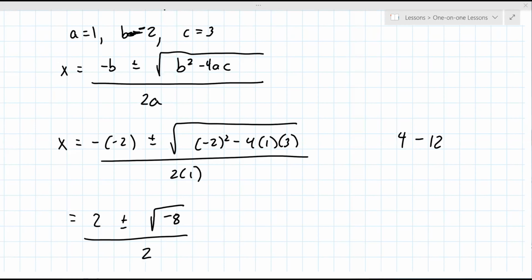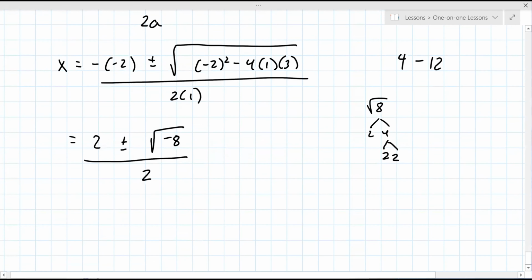So the square root of 8 is something a little bit different. So remember, 8 is broken apart as 2 and 4, 2 and 2. So it's 2i square root 2 over 2.